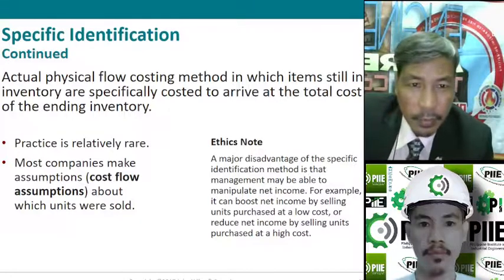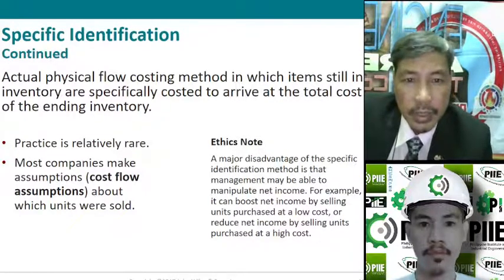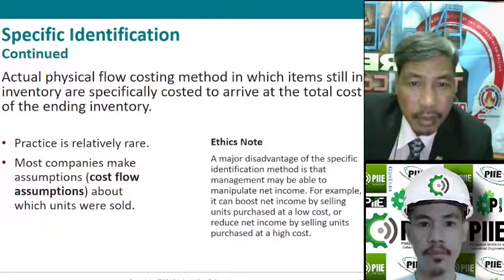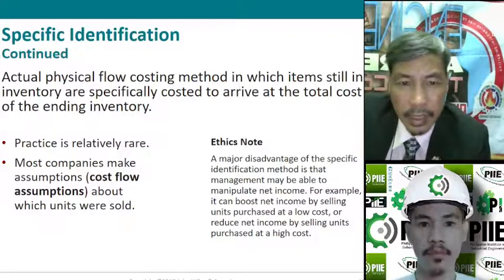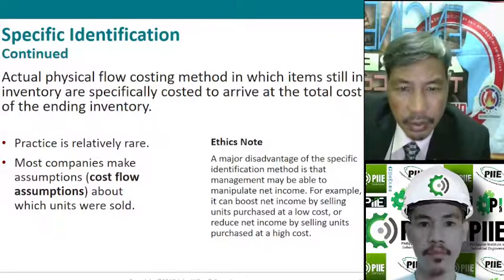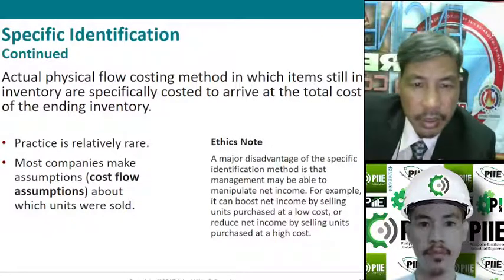Actual physical flow costing method in which items still in inventory are specifically costed to arrive at the total cost of the ending inventory. Practice is relatively rare. Most companies make cost flow assumptions about which units will be sold.